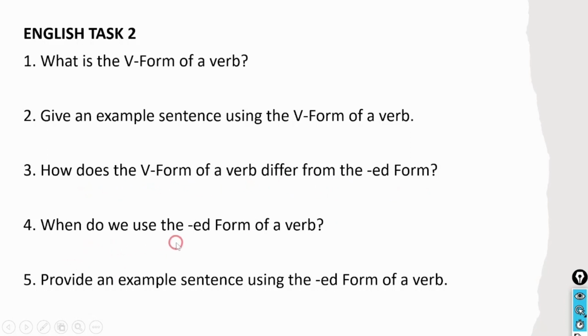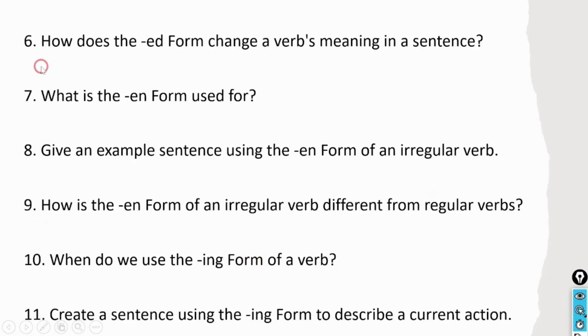Then 4, when do we use the ed form of a verb? Then 5, provide an example sentence using the ed form of a verb. Then 6, how does the ed form change a verb's meaning in a sentence? Then 7, what is the en form used for? Then 8, give an example sentence using the en form of an irregular verb.